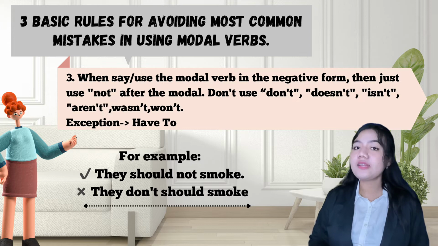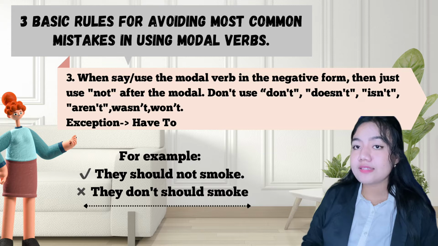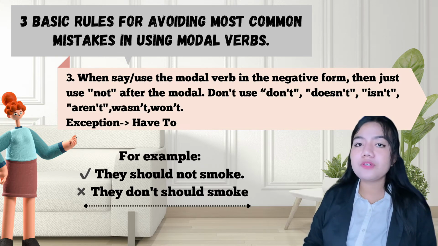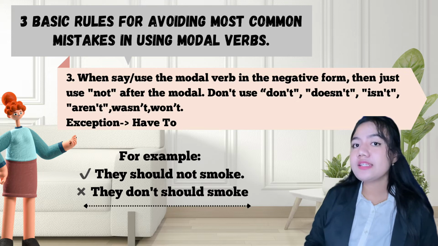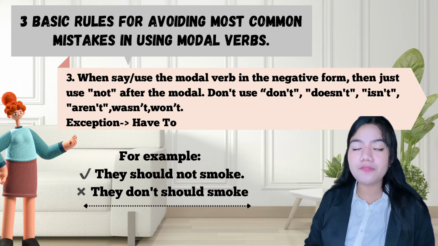For example, we can say, they should not smoke. It would be wrong if you say, they don't should smoke. So here the students know and learn all these words such as don't, doesn't, isn't, aren't, all that, and try to use them when using the modal verbs.